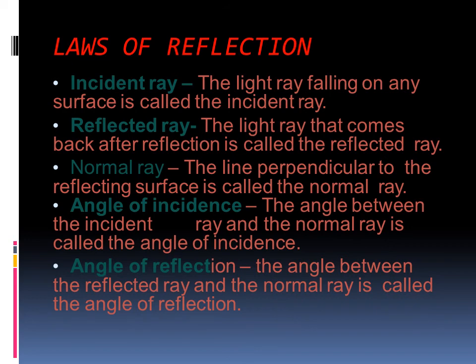Then we have the angle of reflection. The angle between the reflected ray and the normal ray is called the angle of reflection. That means we have taken the normal ray as the base. Where it is incident, we call it the angle of incidence, and for what is reflected, the angle is called the angle of reflection.